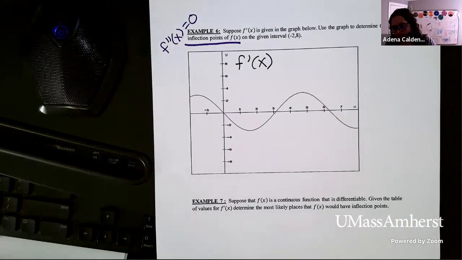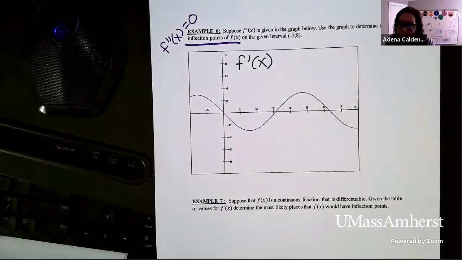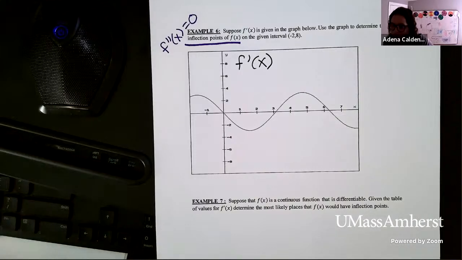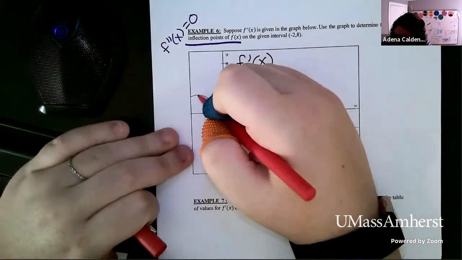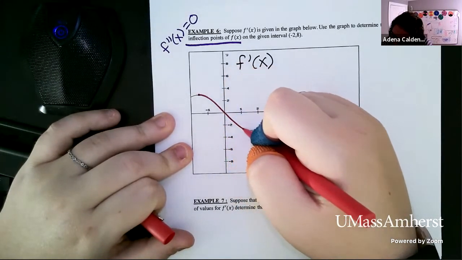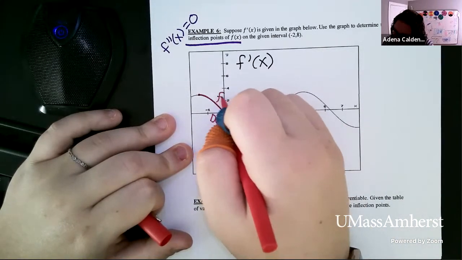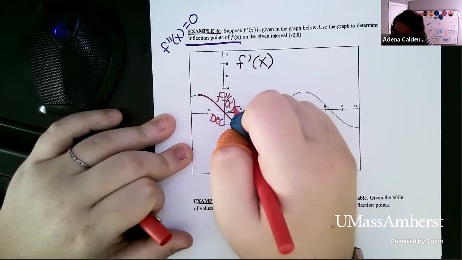So now we're thinking, okay, how do we talk about the second derivative based on what we know about the first derivative? So I'm going to remind you of some of the rules that we had, where if the first derivative is decreasing, so here, that's where the second derivative will be negative.